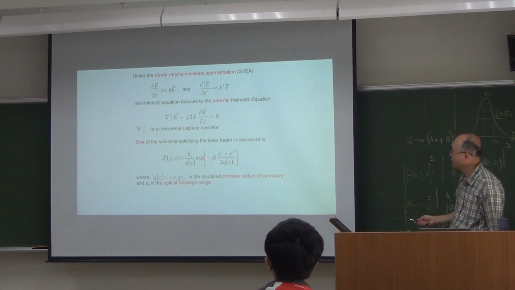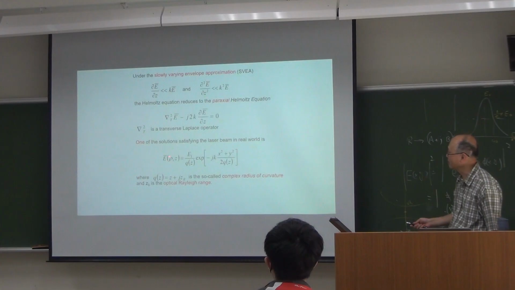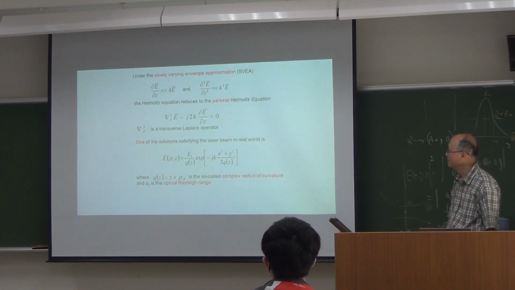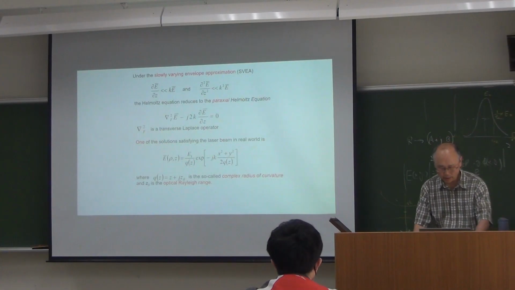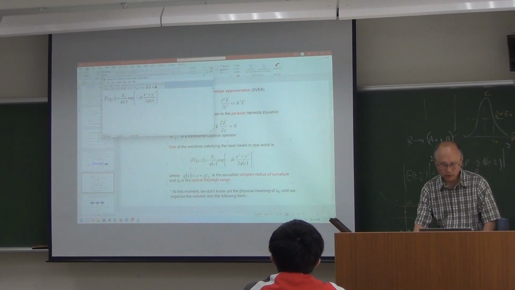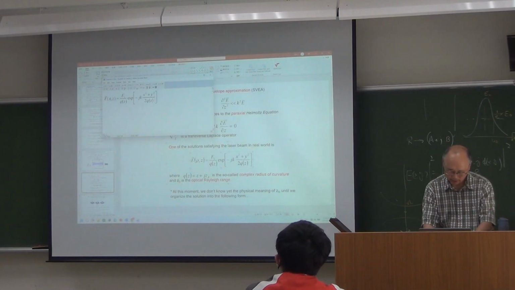Except that if you put this into the paraxial Helmholtz equation, you can verify that this is a solution you want. And this rho is x squared plus y squared. So it's better that I write it like this, so it's not confused with you.